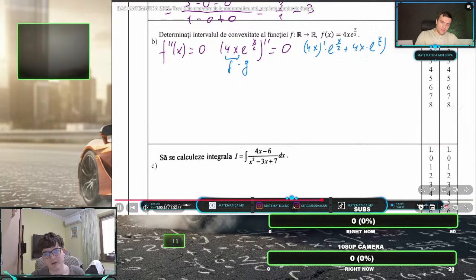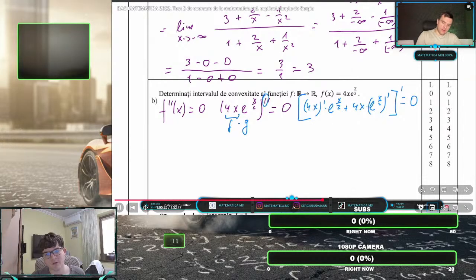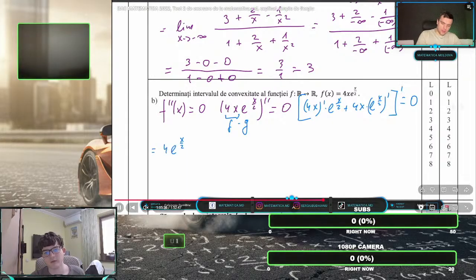F minus G stuff. Bro, I don't remember this formula. If I have it on my formula sheet, I can try something, but not really that important for me to try.